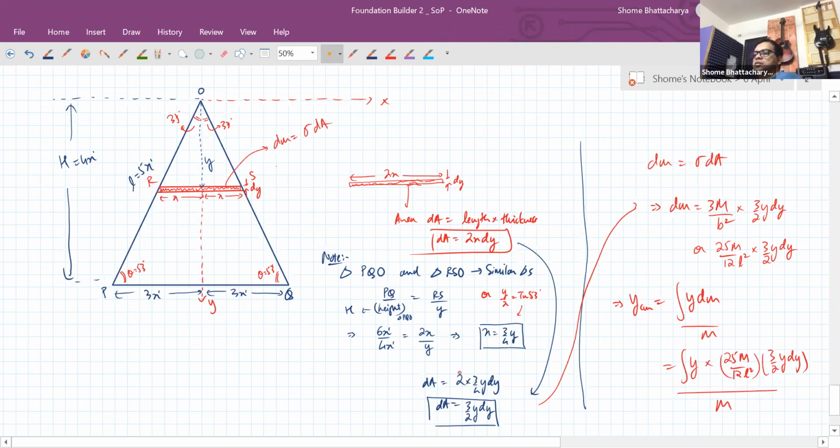The total height, which we'll substitute later in terms of L. You can also see that h by L is equal to sine 53. So h should be equal to 4 by 5 L. So we'll substitute that in terms of L later.